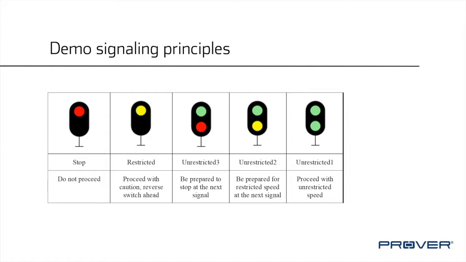If it's an unrestricted speed, the signal will also display the second light as a distant aspect. So if it's red, it means that the next signal is at stop. If it's yellow, it means the next signal is at a restricted speed. And if it's green, it means the next signal is at an unrestricted speed.